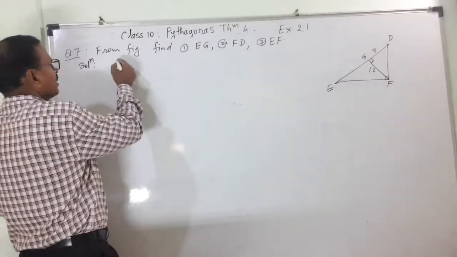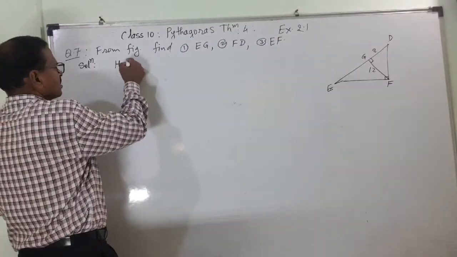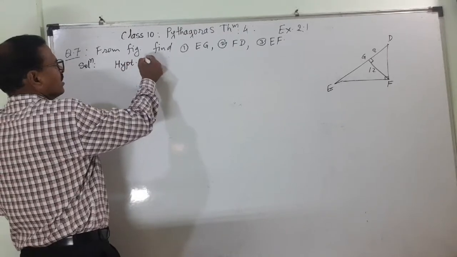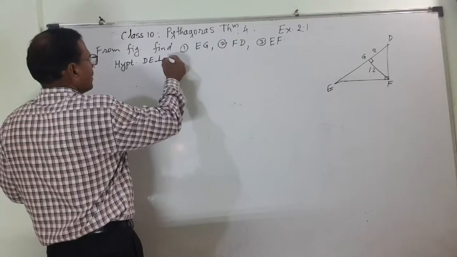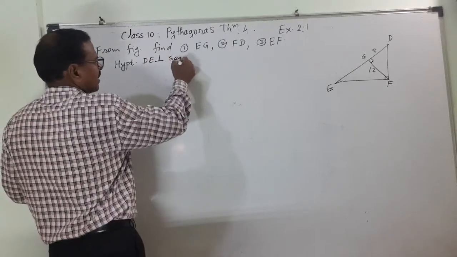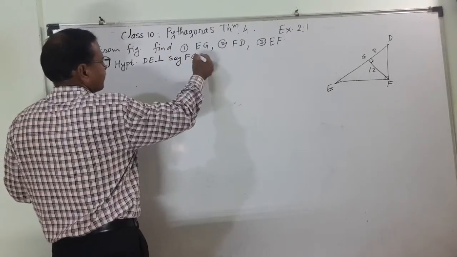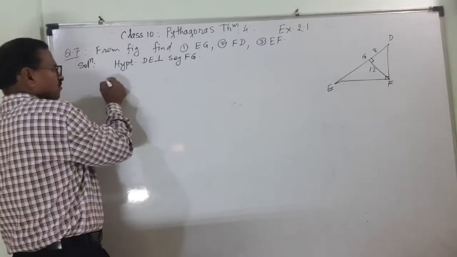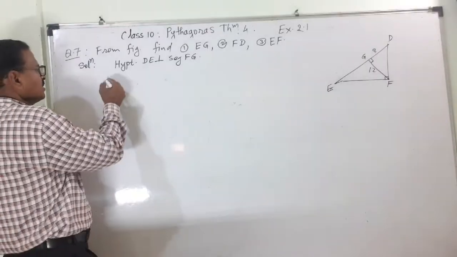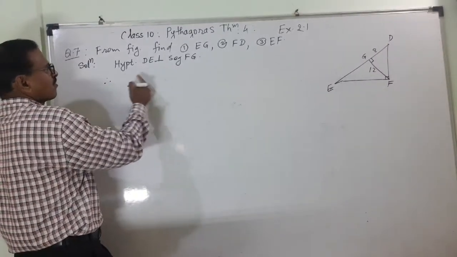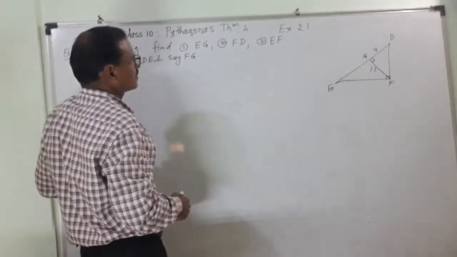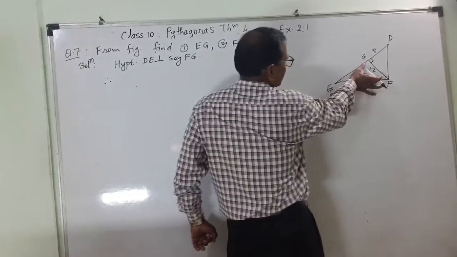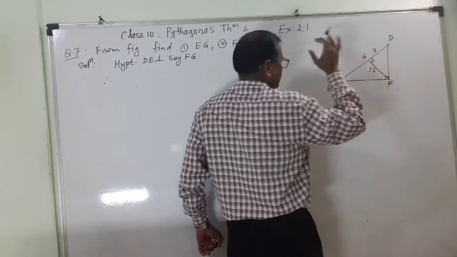You can write hypotenuse DE, perpendicular segment FG. Therefore, FG square, what is needed, that way I can write this square is equal to this into this.